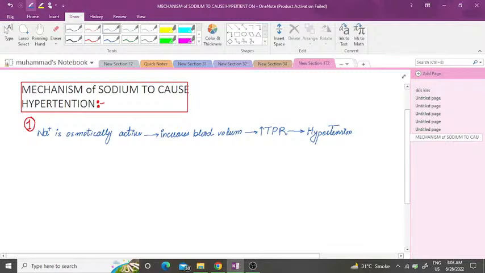So this is the first mechanism of how sodium is going to cause hypertension. Now come towards the second mechanism.